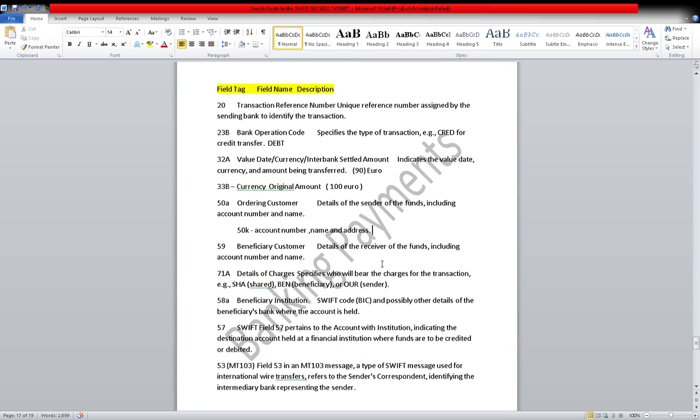Okay, now next is mentioned here. I will go by this flow. Next is 52A. One thing to remember: 50 is followed by 52, and both are the same person. 52 means the bank of 50K. What is this bank? And is the bank in BIC format?